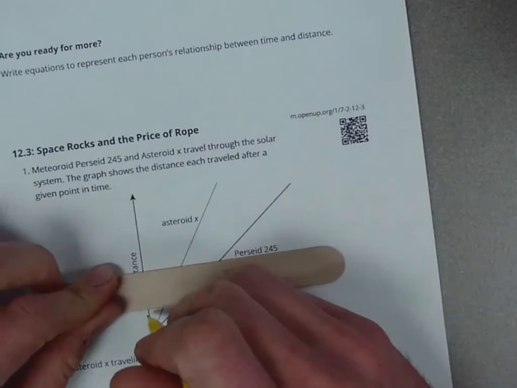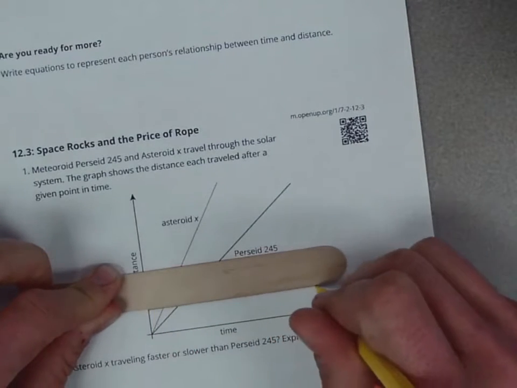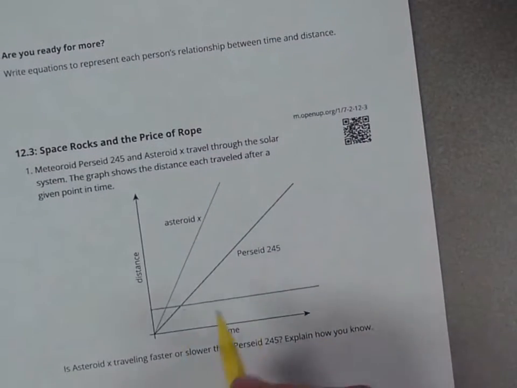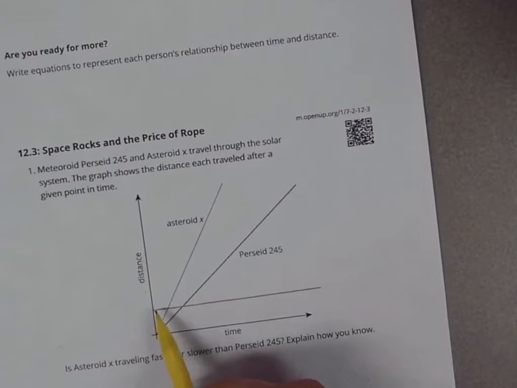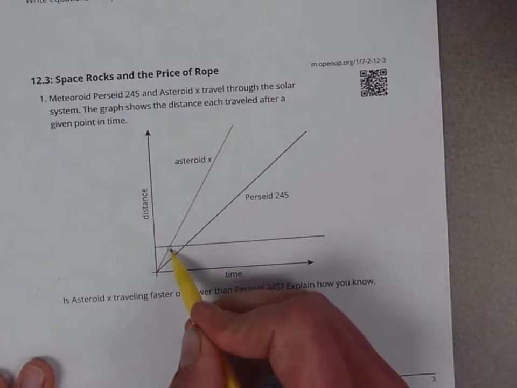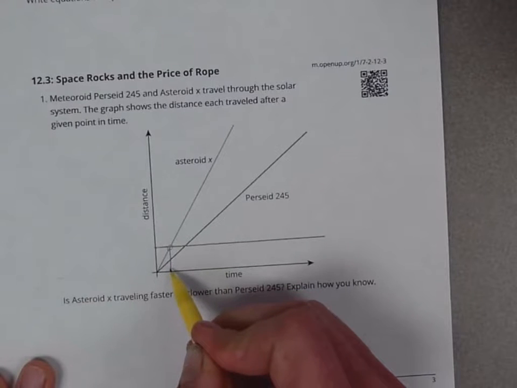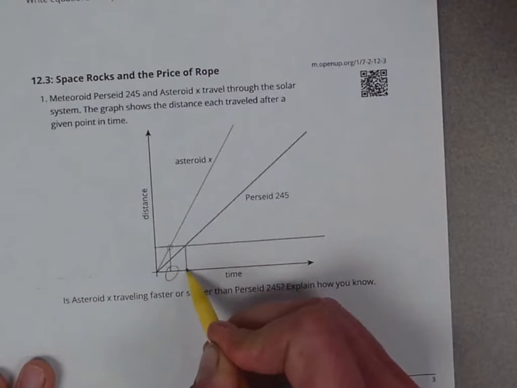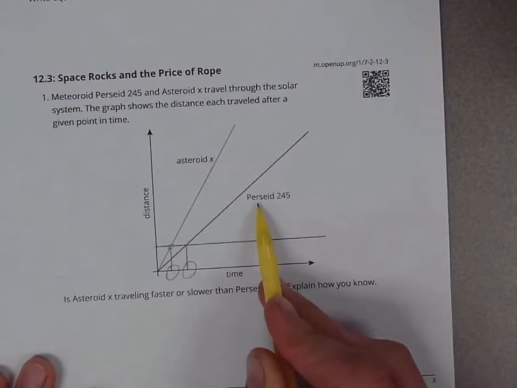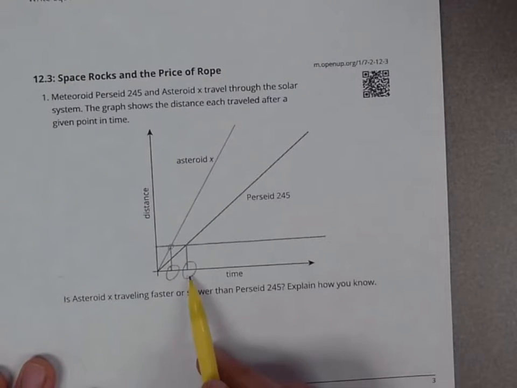If this is our defined distance, and we don't know what this distance is, but it doesn't really matter, we know that in this same distance, both of these objects are going the same distance, and it takes asteroid X this much time, and it takes Perseid 245 this much time. Obviously, it takes the Perseid 245 more time to go the same distance.